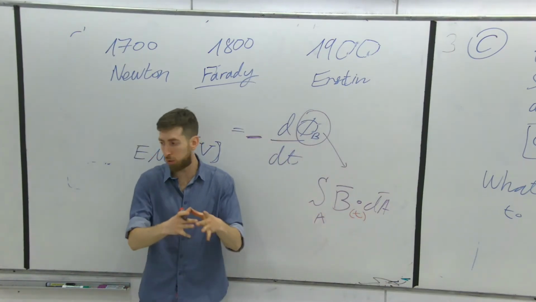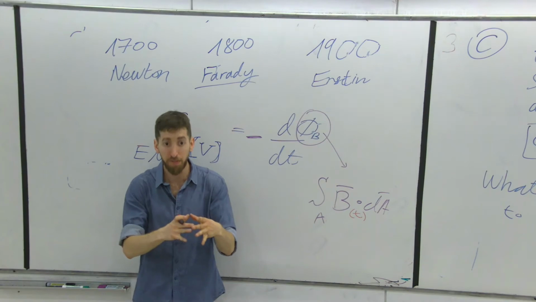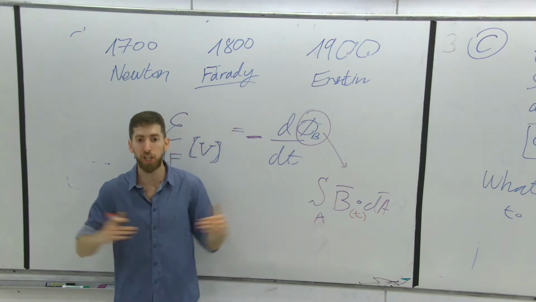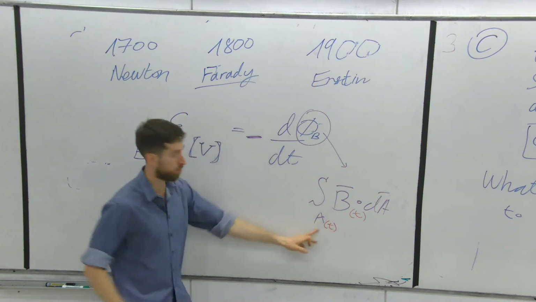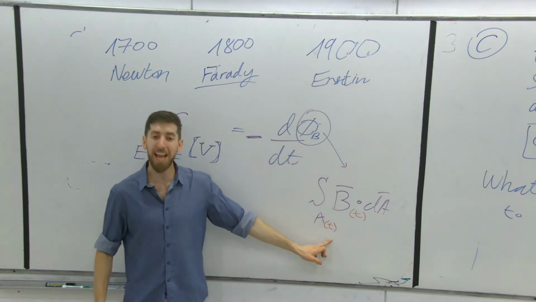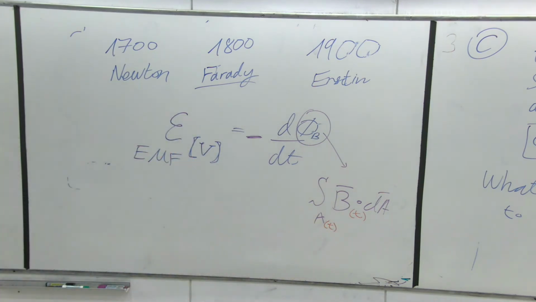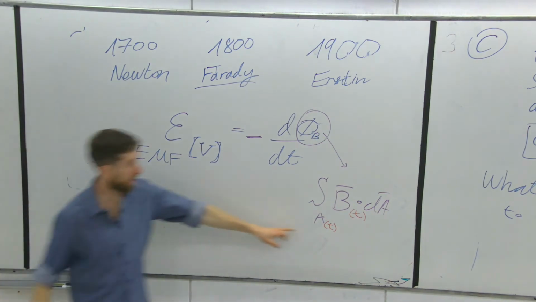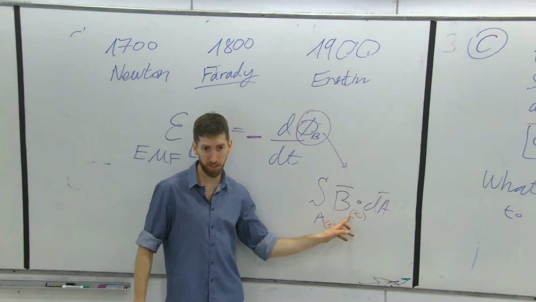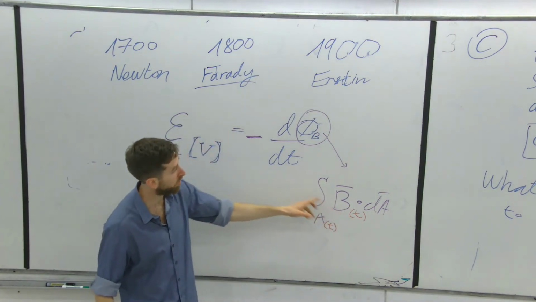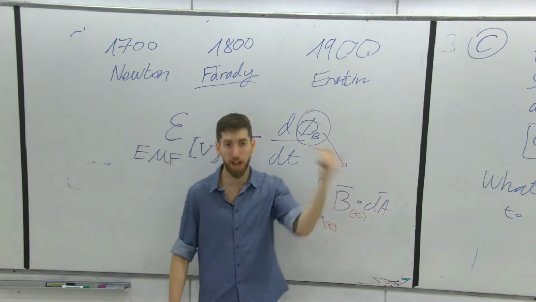Also, I can change the size of my frame, where I'm going to check the flux, right? So this also can change in time. What else can I change? What else? We missed something. Current, but it's related to B, right? Remember the equation for B, you had the current there.